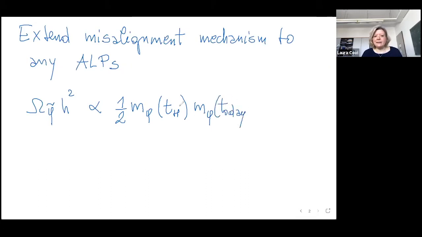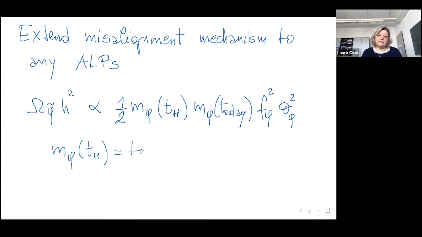If you remember, the number density was coming with this parameter. Instead, the mass today is what gives us the number density today, times, of course, in this case, f_phi squared, and also an initial theta squared, which we also don't know. And here again, the condition is such that this mass is equal to the Hubble parameter at that time.